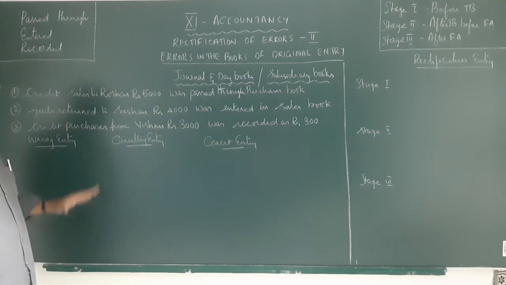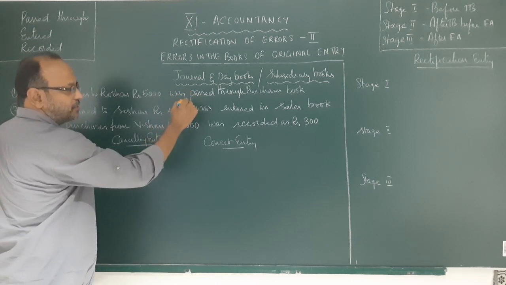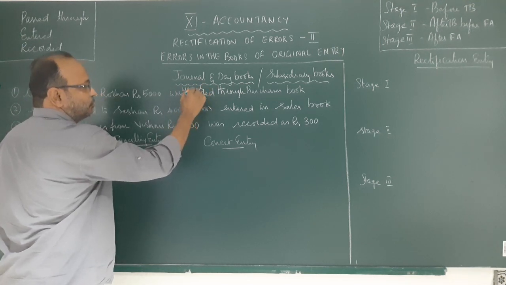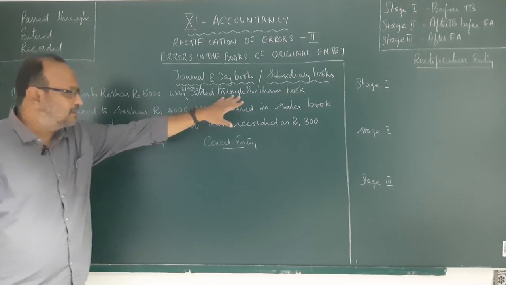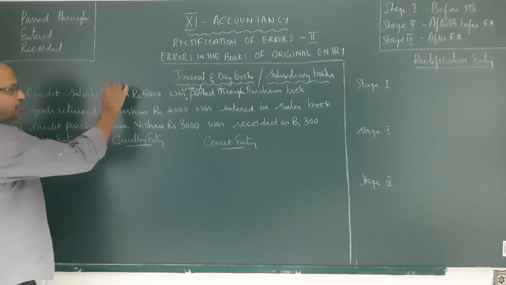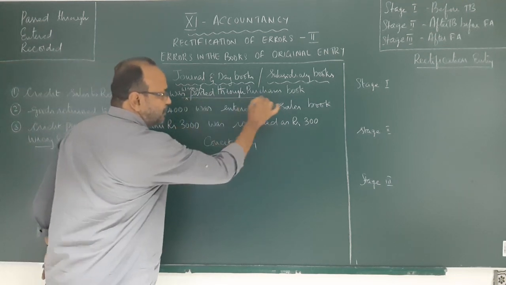Whenever we have got a question like this, what we have to do? Was passed through, isn't it? Here you write was wrongly passed through. So we can understand that this is the mistake and this is the correct transaction. Credit sales to Roshan rupees 5,000 is the correct transaction, and this is the error we have committed.